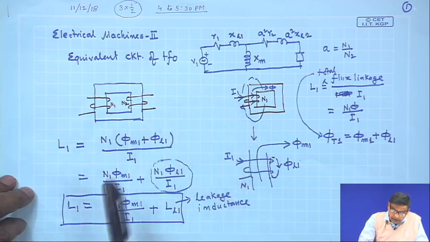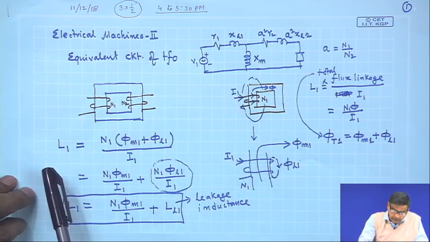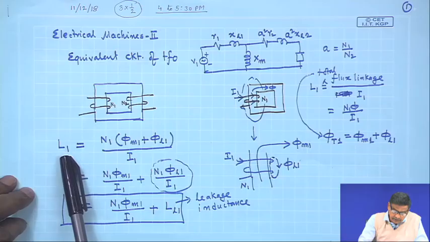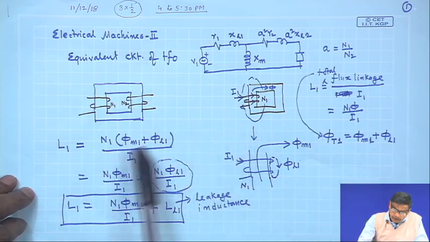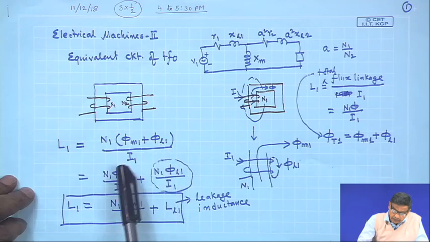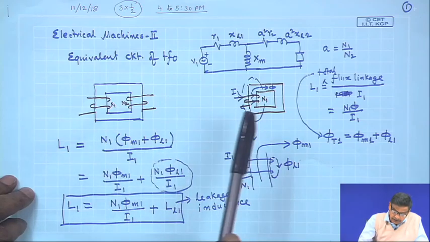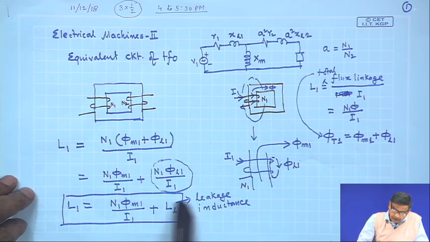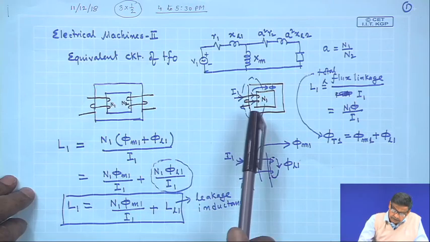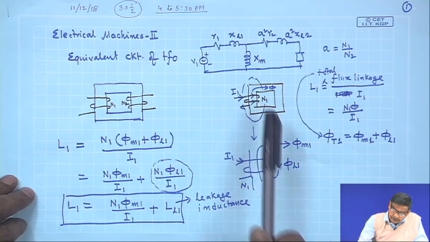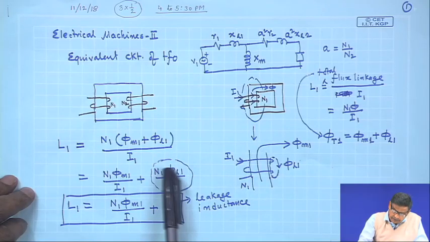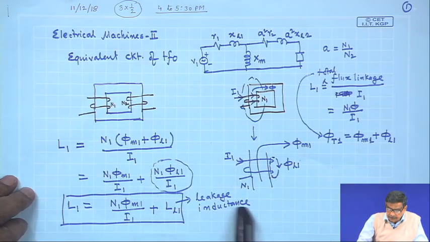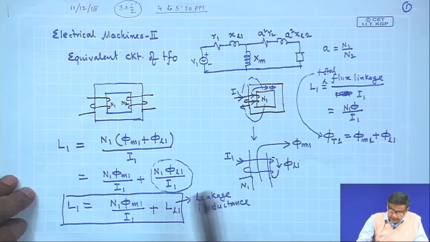Suppose coil 1 carries current I1, then inductance is defined as total flux linkage per unit ampere. So, (phi M1 plus phi L1) by I1 into N1 gives you the inductance. The flux which completes its path through the air gap causes the leakage inductance, which is LL1, and this is L1.